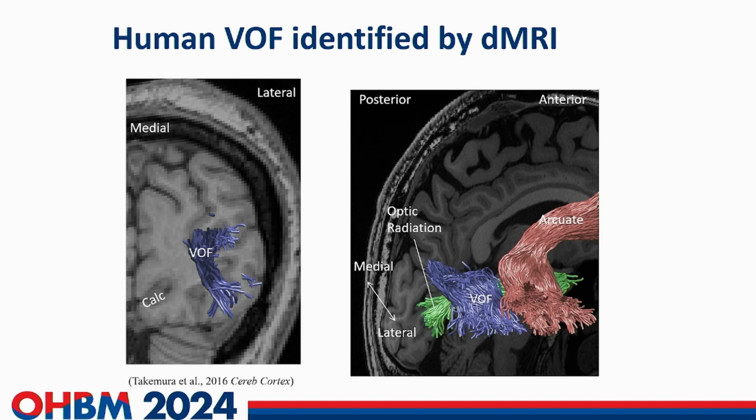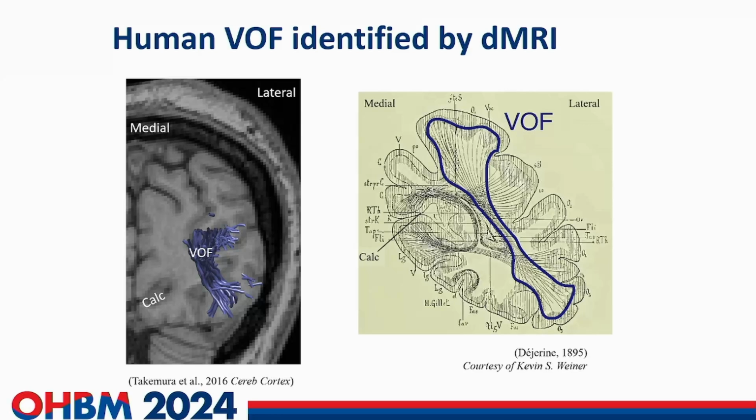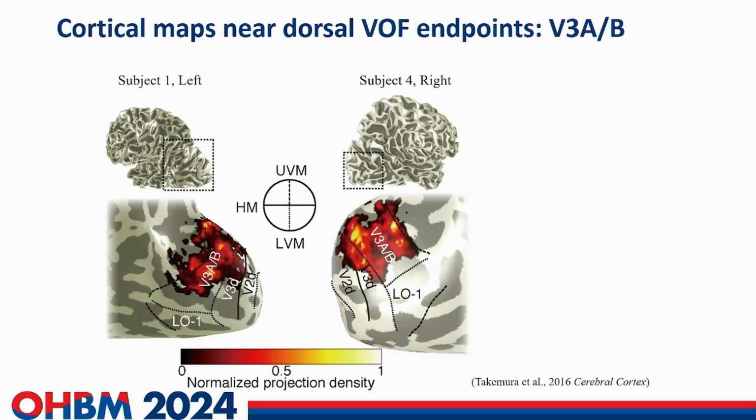You can see it is lateral to the optic radiation and posterior to the arcuate fasciculus. This architecture from tractography is nicely consistent with the classical camera lucida drawing by Déjerine and others. In the old textbook, we can also see a pathway connecting dorsal visual cortex and the lateral part of the ventral occipital cortex. So we can replicate the old finding.